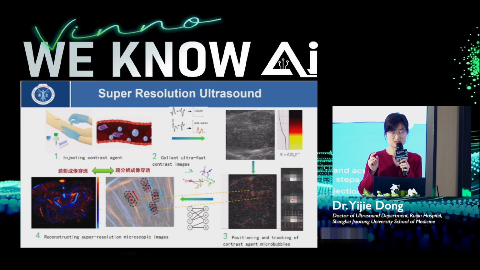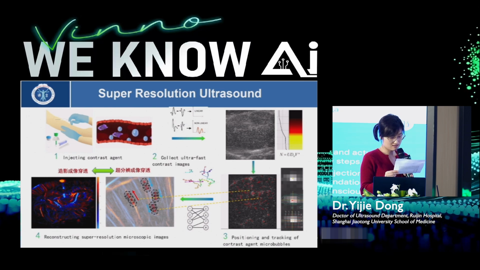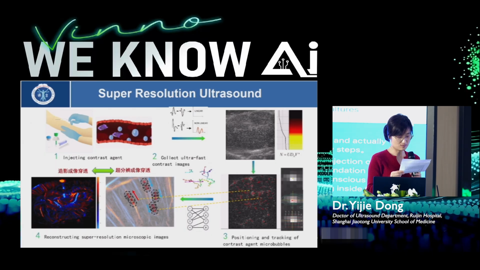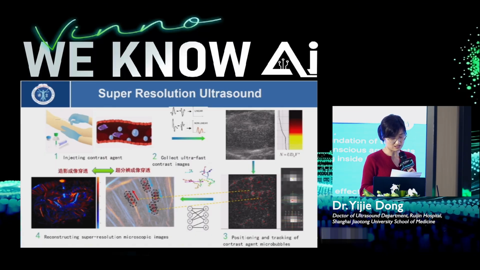Then we can use these technologies. The ultra-fast contrast images are collected by our probe, providing rich data for subsequent analysis. Next, the microbubbles of the contrast agents are localized and tracked, just like tracking small targets.